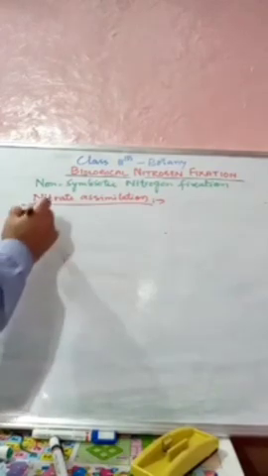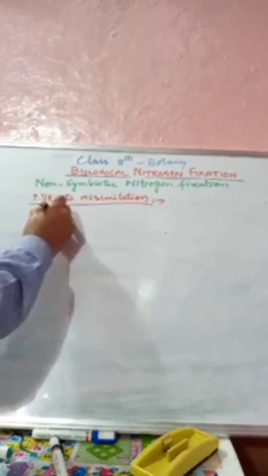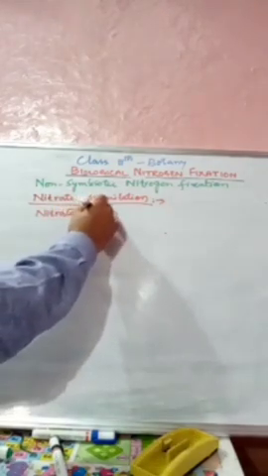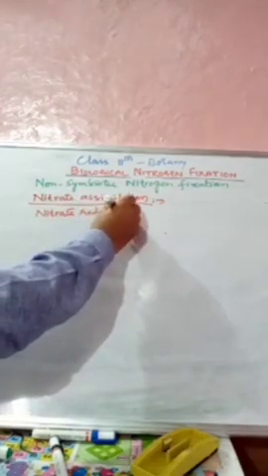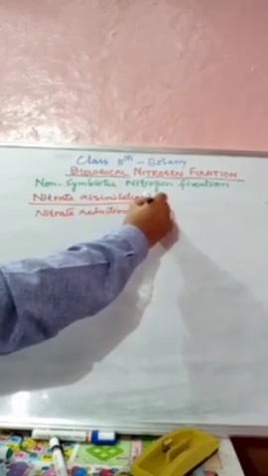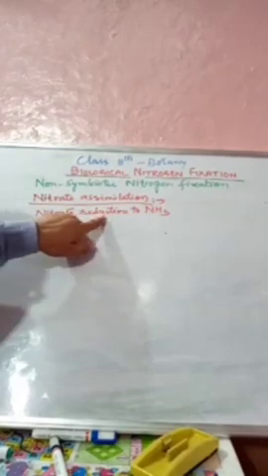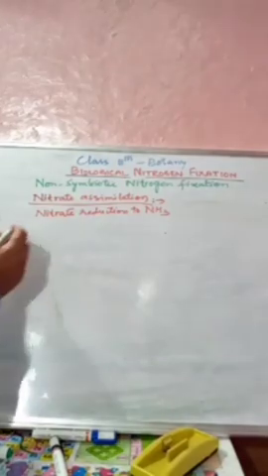In this whole process, nitrate is reduced to ammonia, and this whole process occurs in the following steps.